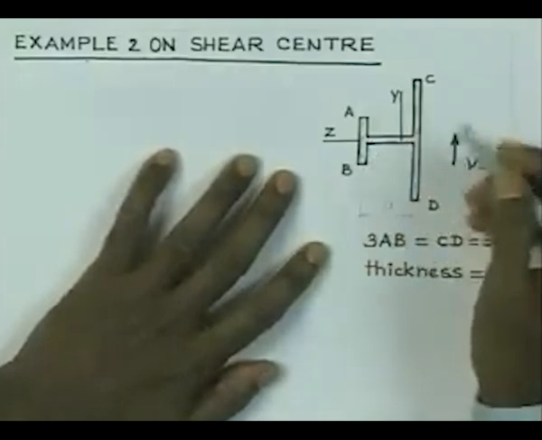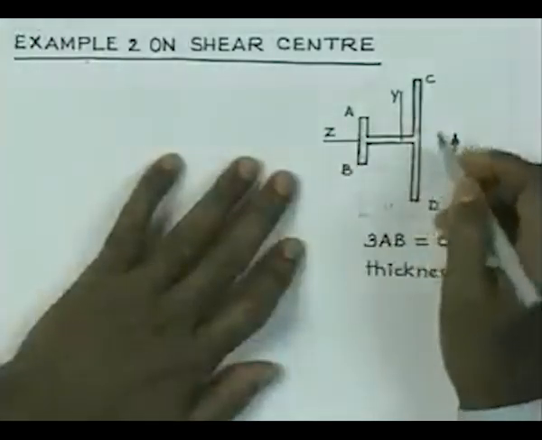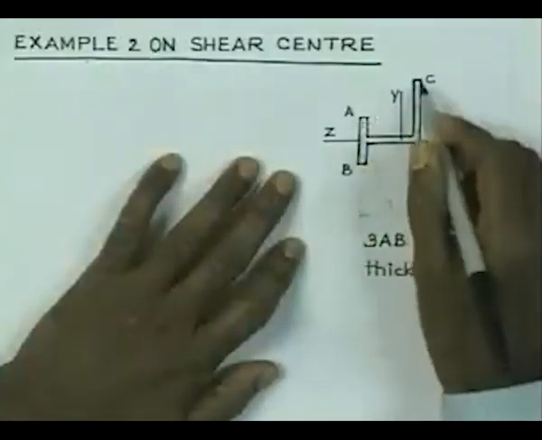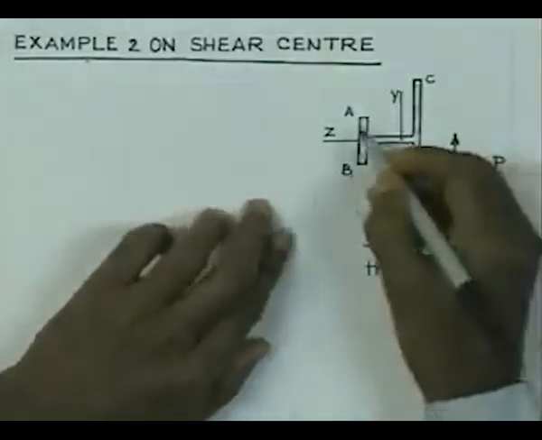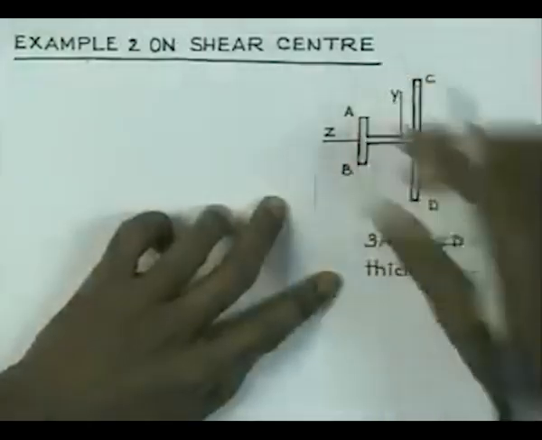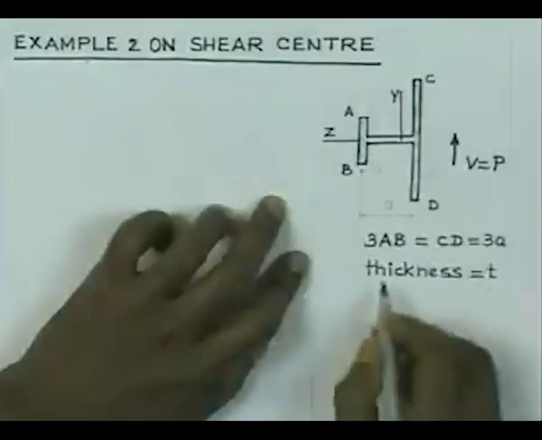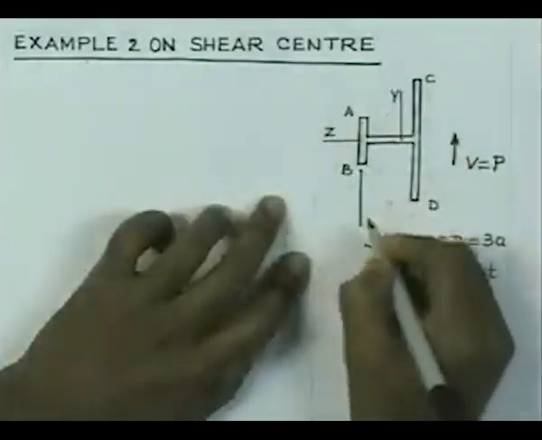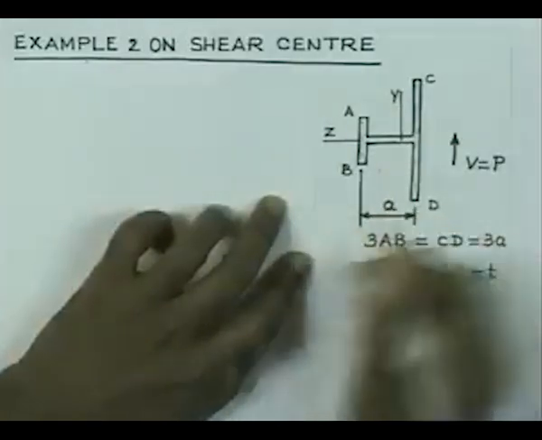It is like a T, and the orientation is like this, that you have one flange oriented vertically and this is another flange, but then this is the web which is aligned with the z axis, and this AB and CD they are related. CD is 3 times AB. So, CD is equal to 3A and AB is equal to A, and the distance of the two legs AB and CD is equal to A.